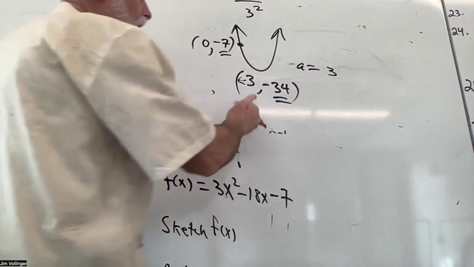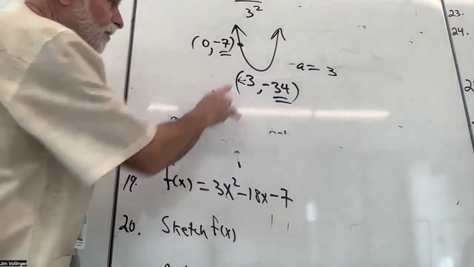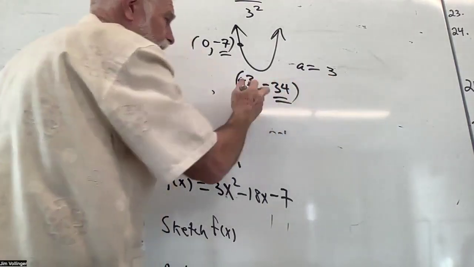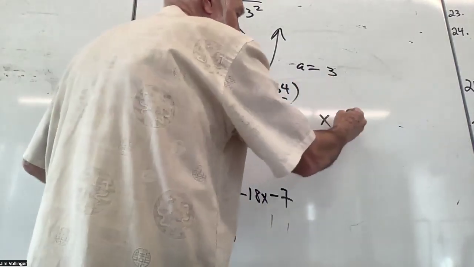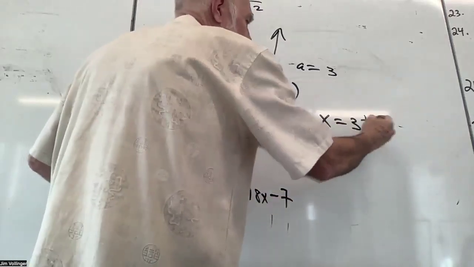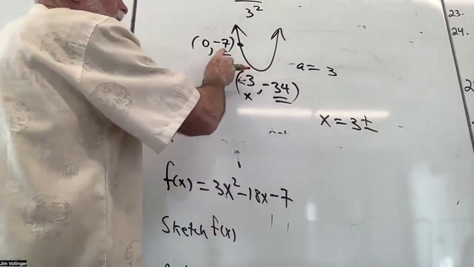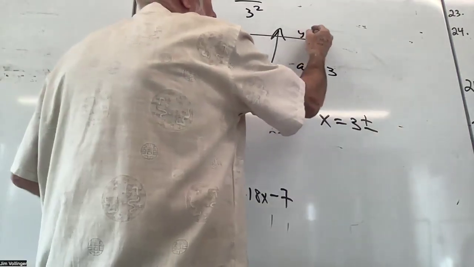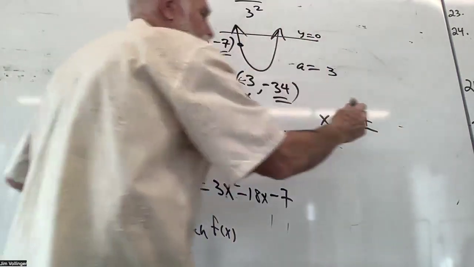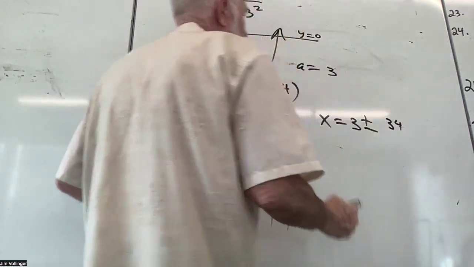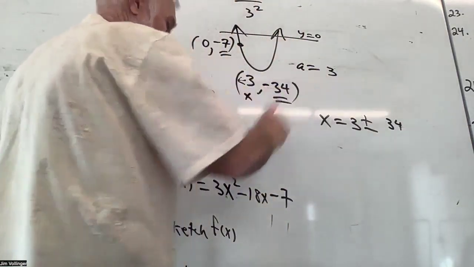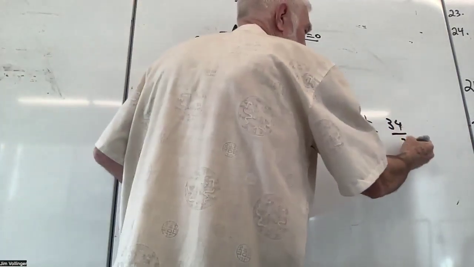What are the roots? Well, I'm measuring from this 3. Don't be confused with that. That x. I'm starting with that x, and I'm going plus or minus. How do I get from negative 34 to 0? All right, I got to go up 34 units. I've got to do what? Undo multiplication by 3 with division by 3.